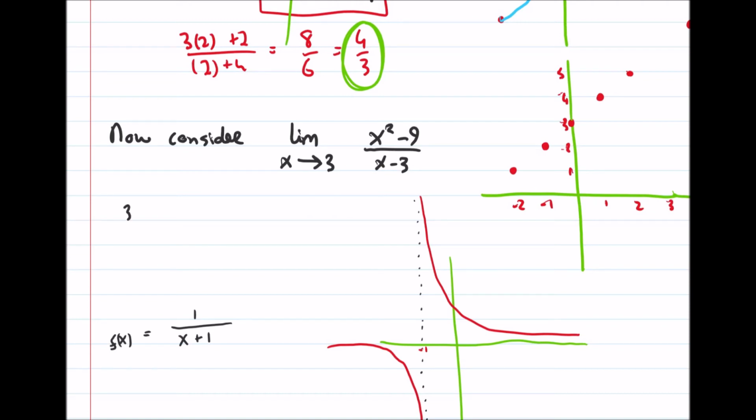So it's 3 squared minus 9 over 3 minus 3. And that will give me 0 over 0. Now we have a problem. That does not equal 0. And here's why. Anytime we have a 0 as a denominator, I suppose the fraction blows up essentially. Okay? So we can say it's inconclusive.